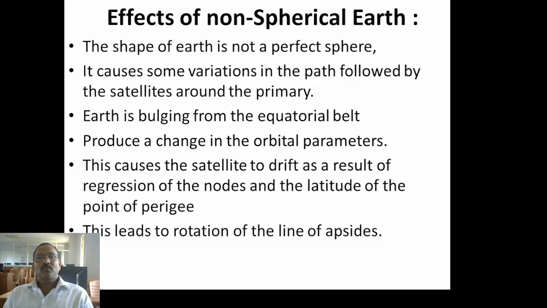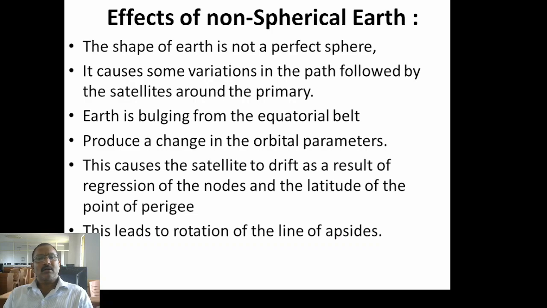So ideally we consider the Earth a perfect sphere, but actually it bulges close to the equatorial belt, which produces a change in the orbital parameters.